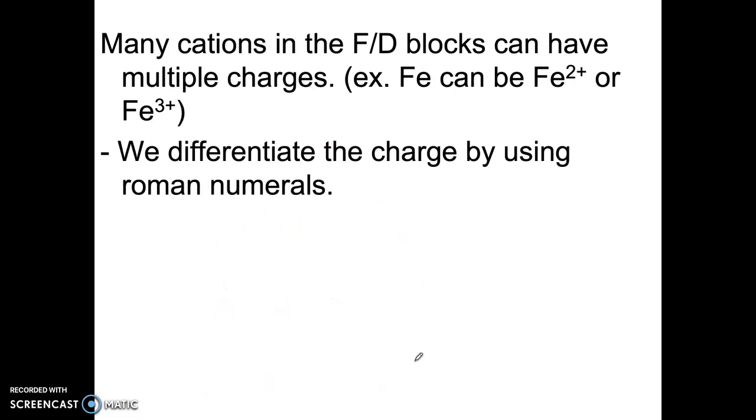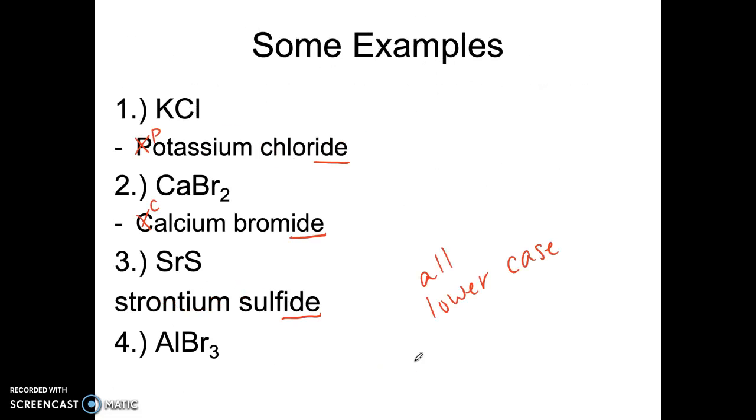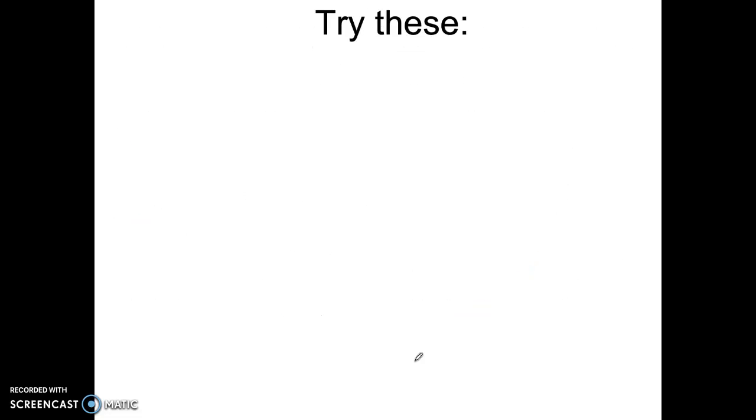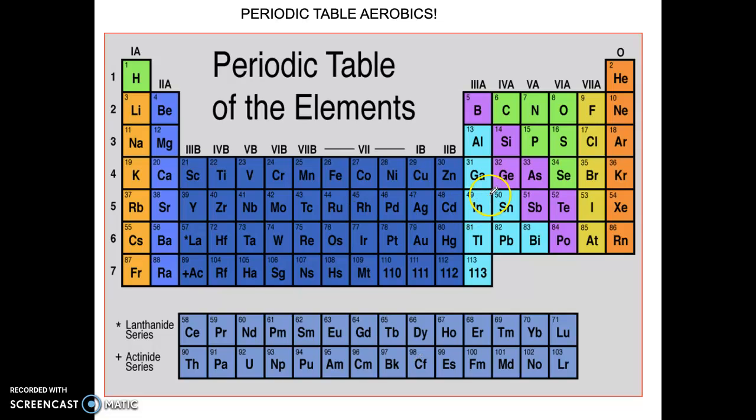Many cations in the d and f blocks can have multiple charges, and so we differentiate the charge by using Roman numerals. Okay, so when we talk about d and f blocks, I'm going to go back to the periodic table that we have in here. We're talking about the elements that are in this part.